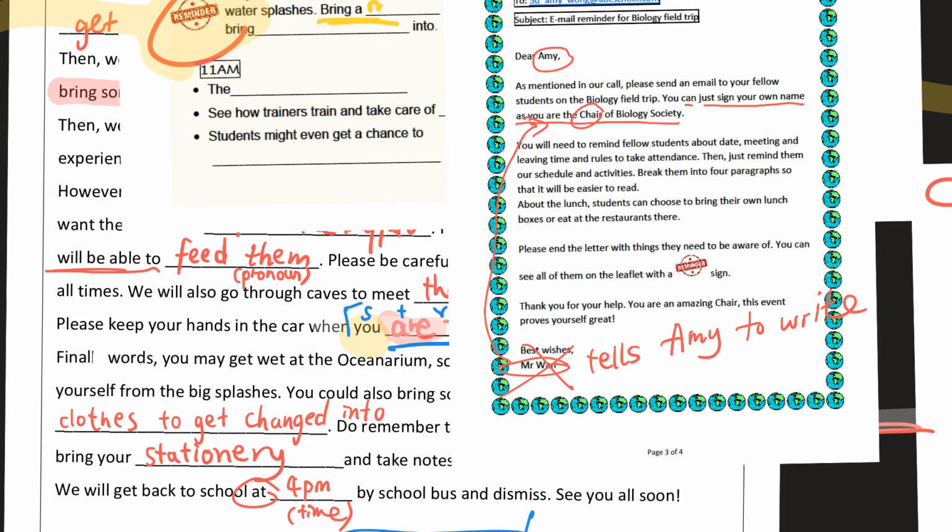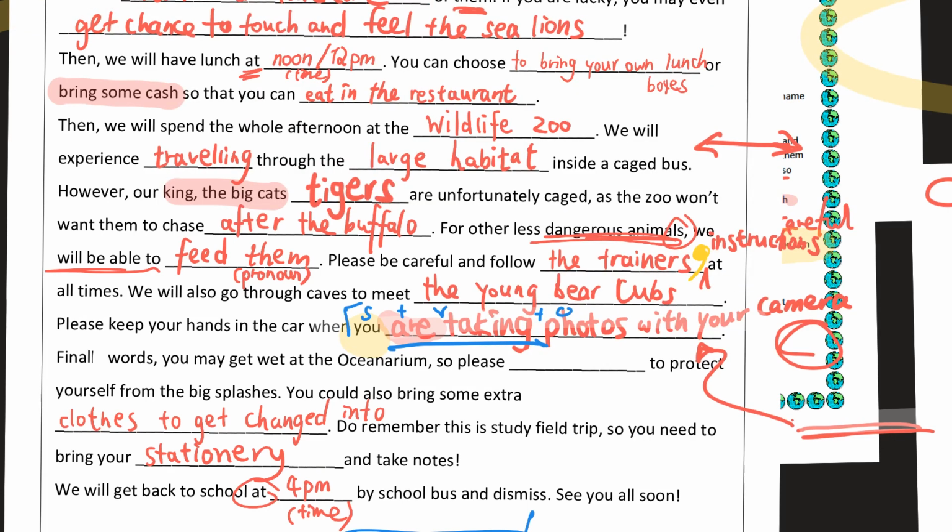Amy is not enough. So let's see what Amy's surname is. Okay, you can find it on the email, Amy Wong. So that's all. We're going to finish here, Amy Wong. So there you go. That's the answer.